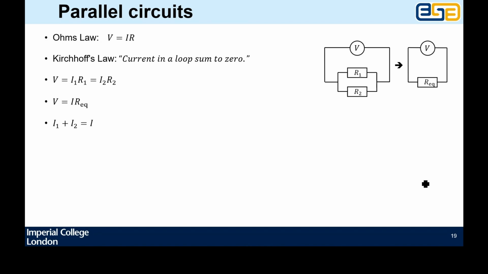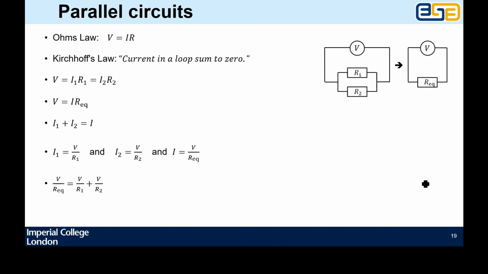So I must equal I1 plus I2. Okay? Those pieces of information were actually home and dry already. We know that I1 equals V over R1. We know that I2 equals V over R2. We know that I, the global current, is V over REQ, this imagined resistor that is the combination of those two components.